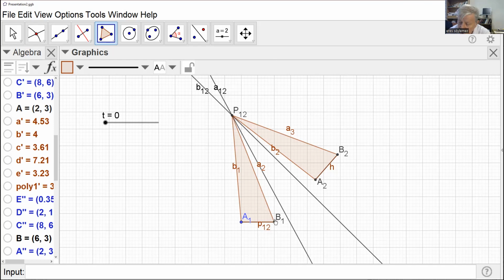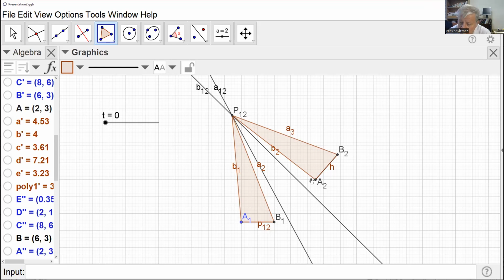Side P12 to B1 must be equal to P12 to B2. A1, B1 is equal to A2, B2. Why? Because it is a rigid body. I have selected this rigid body. It corresponds to AB on that rigid body. So A1, B1 has to be equal to A2, B2. Now, the problem is: is P12 to A1 equal to P12 to A2? The answer is yes.